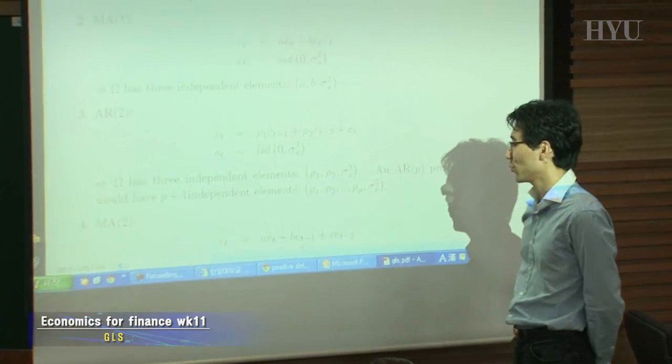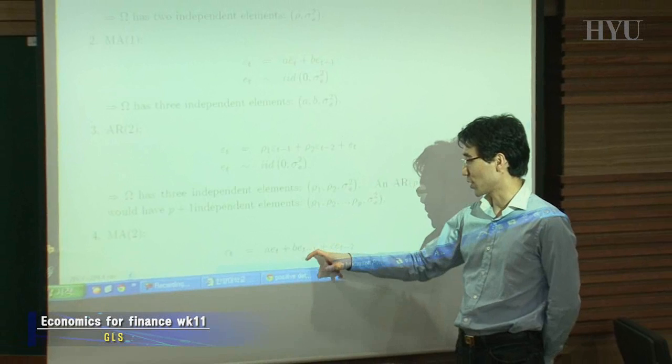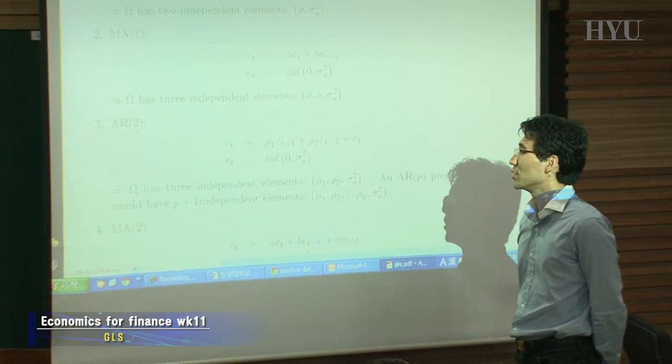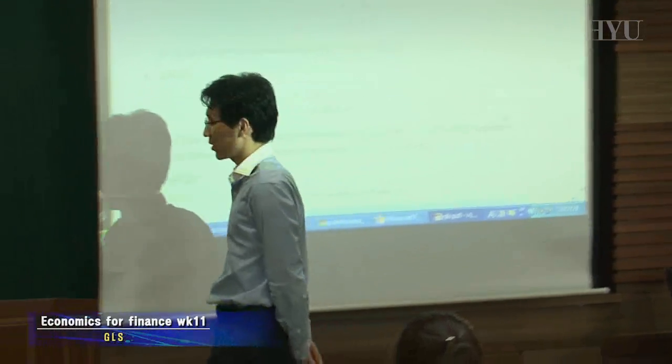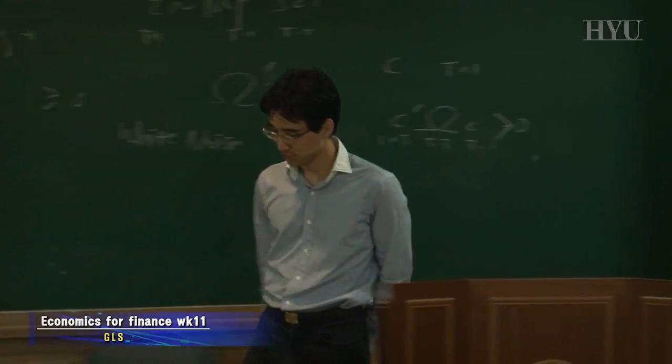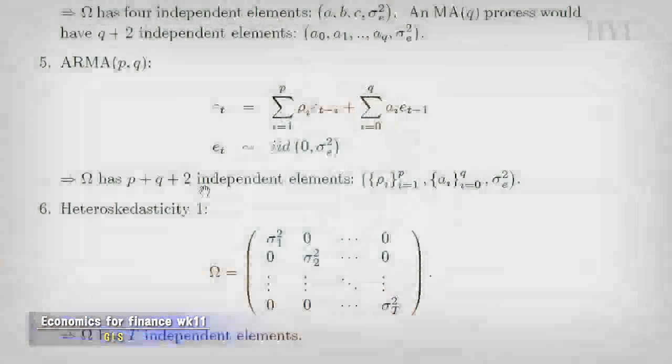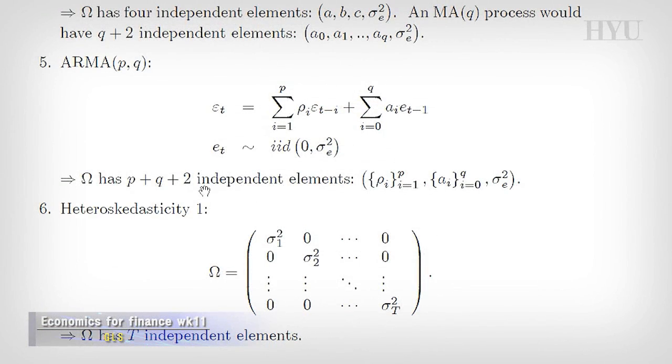For MA2, we have this one and this one, and the variance of white noise, with 3 independent elements. For the ARMA(P,Q) model, omega will include P plus Q plus 2 independent elements.